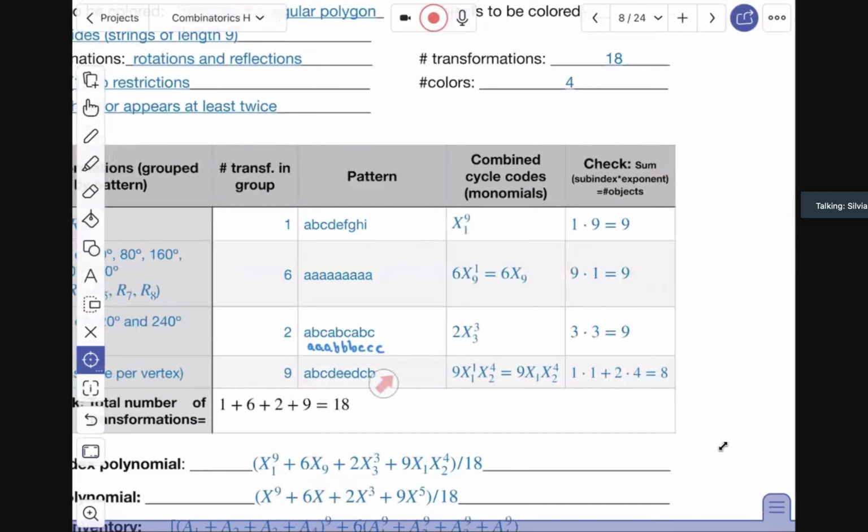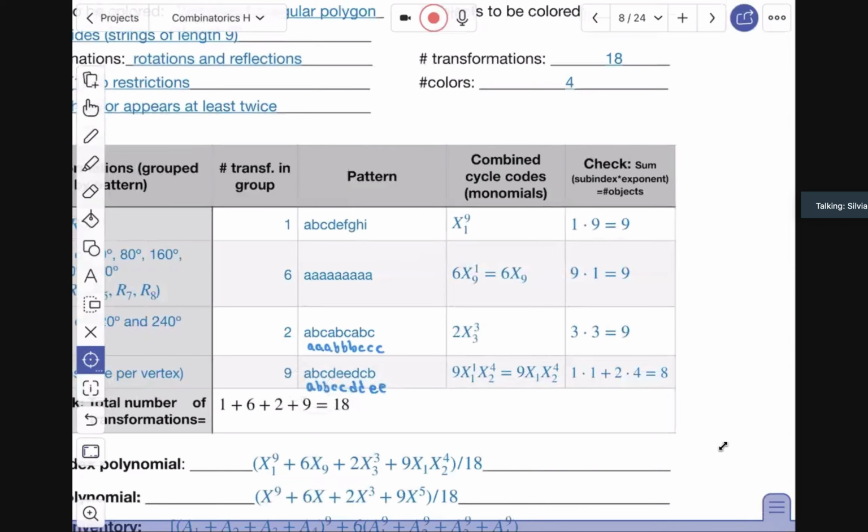And for this cycle index polynomial, again, we did it before. I have 3 letters, A, B, C. The A only appears once, and maybe I'd write it like this. You could also list it like this, right? So I have 1 letter that appears once and 2 letters that appear 4 times.